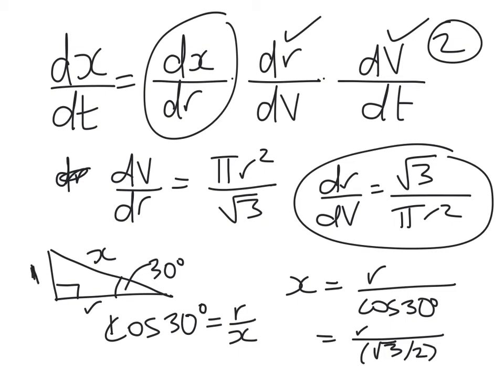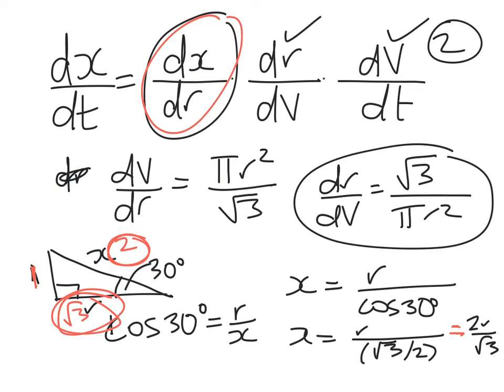So this side is 1, this side is 2, and this side is root 3. Now you see why at the start of the year when I told you about those special triangles I was right. So x is equal to 2r on root 3, which means I can very easily get dx by dr. So dx by dr is just equal to 2 divided by root 3.